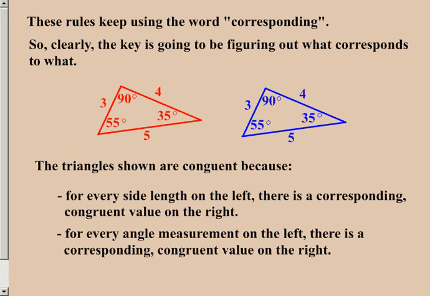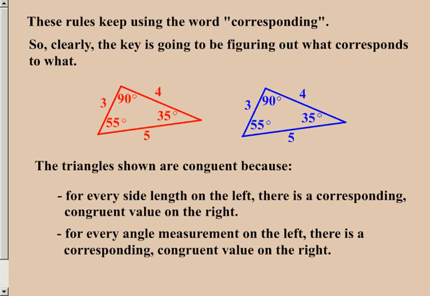On the left, we have a 55, and on the right, we also have a 55, and so on. So these figures are, in fact, congruent because we have locations within the figures that share identical properties.